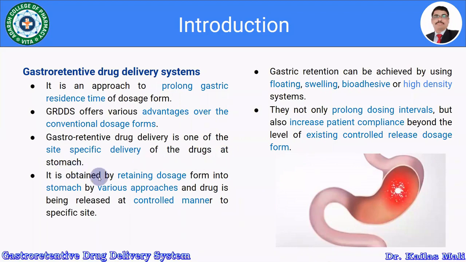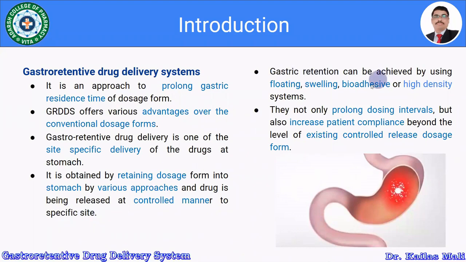It is obtained by retaining the dosage form in the stomach by various approaches, and the drug is released in a controlled manner to the specific site, that is, the stomach.